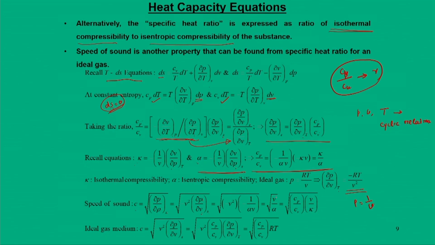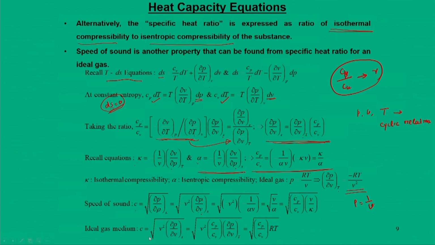So, V by alpha, the Cp and dou P by dou V at constant S we can find out from here. Then from this we say that speed of sound C is equal to square root of Cp by Cv into V by kappa. Okay.